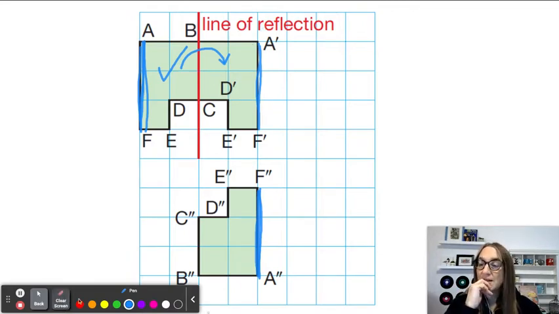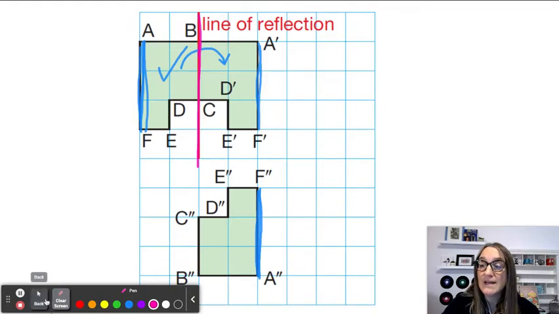I'm going to change the color so that we can see more easily what our second step is. So that line of reflection needs to pass through the same line as BC.